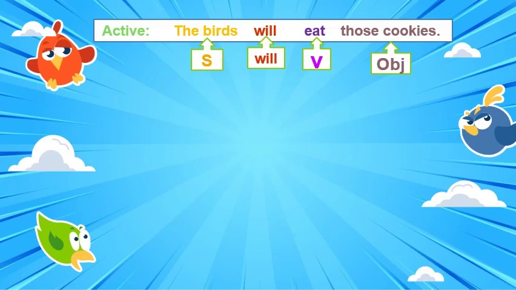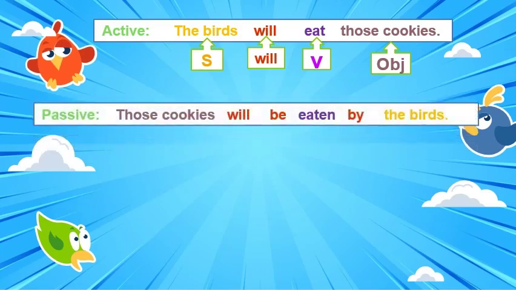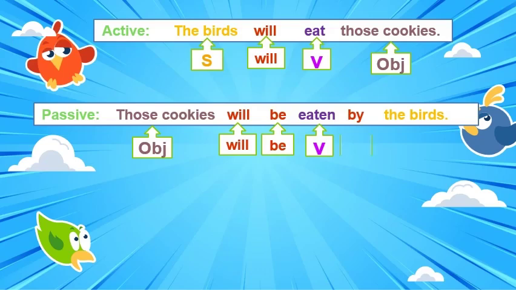By the bird. Okay. The cookies will be eaten by the bird, because the cookies here is the object, will comes first, after it be, and the verb will be in the past participle, and we will put by, and at the end I will put the subject. Okay. So let's move to the questions about this part.